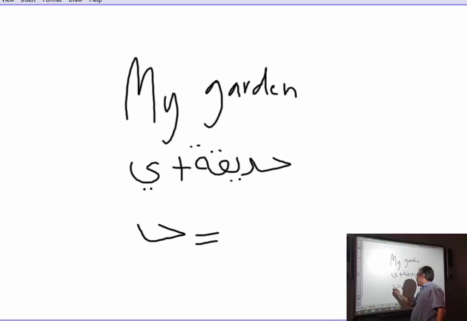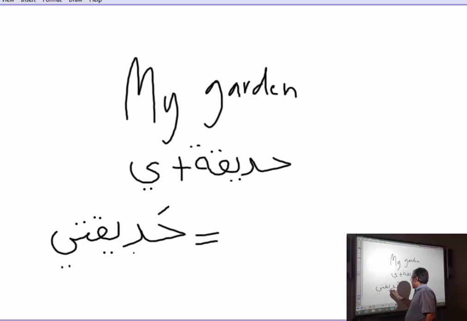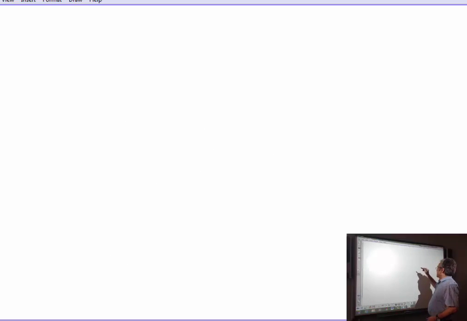So I will say حديقتي, my garden. So if you connect the ta marbuta with any attached pronoun, you need to change it into an ordinary ta and connect it with the ya. But if it is a word on its own, we keep it as it is, as ta marbuta.